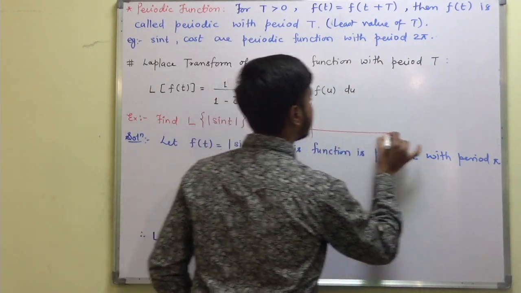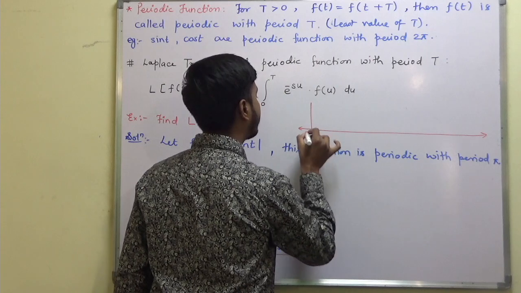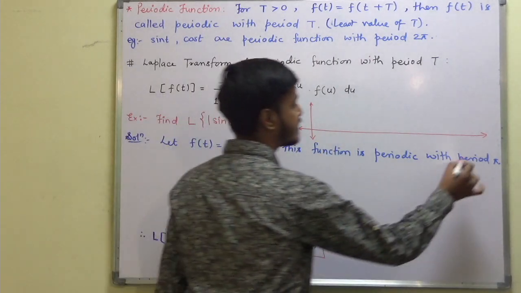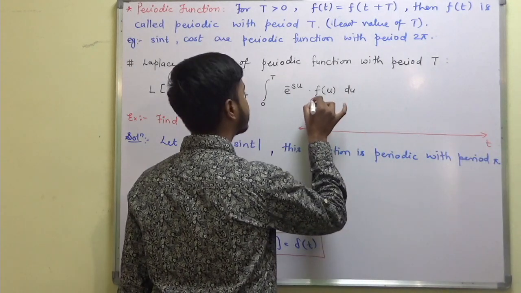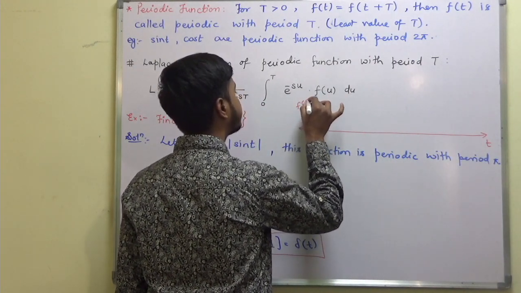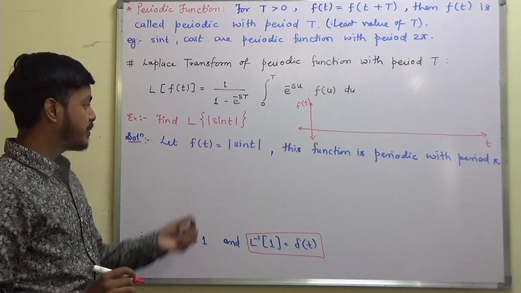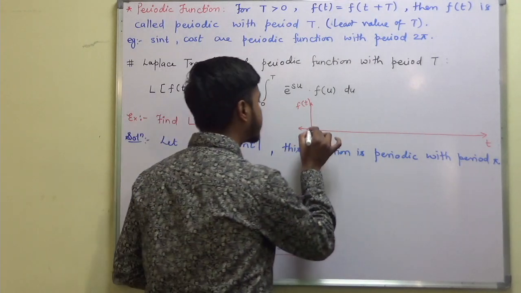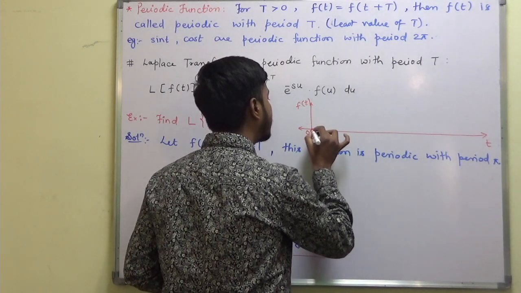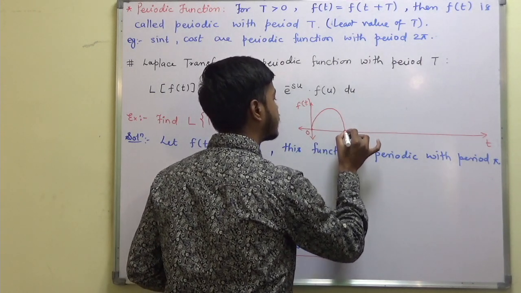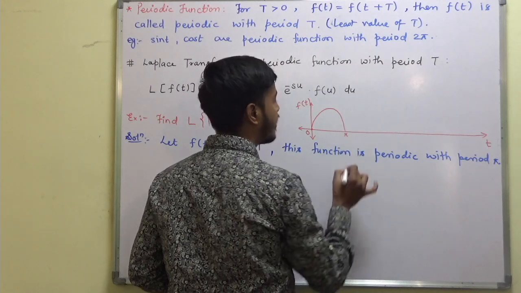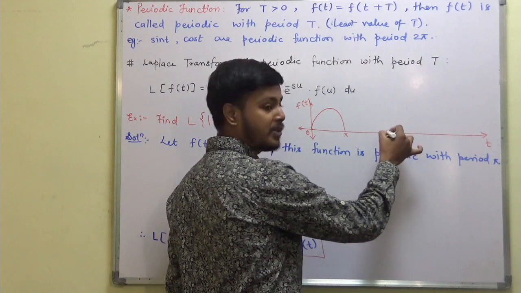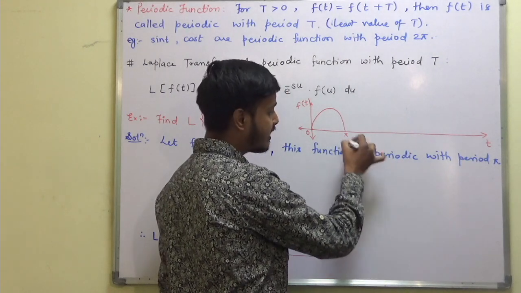the graph of this function, mod of sine t. Okay, so if this is t and this is f of t, and this is 0, then pi, and one crest and one trough would be here, but the trough would be taking negative values.